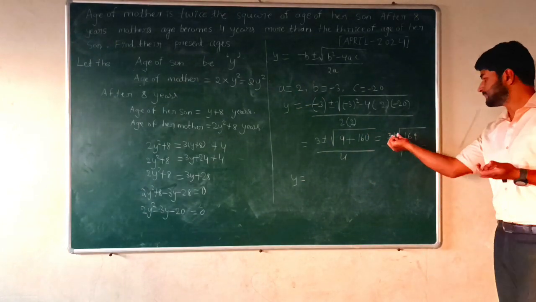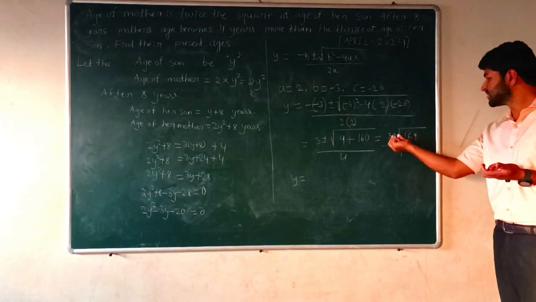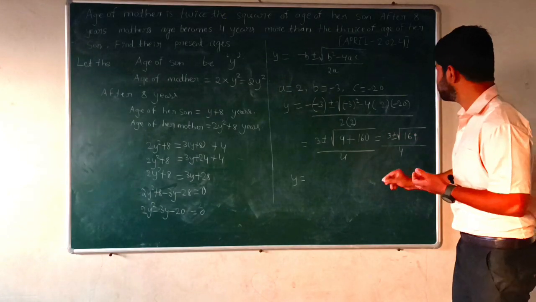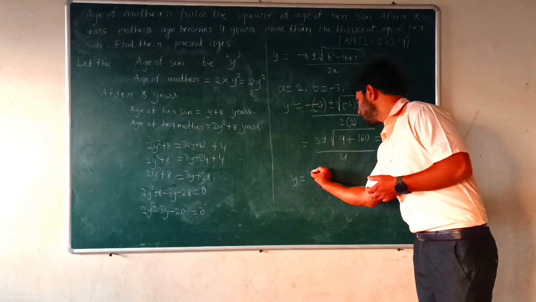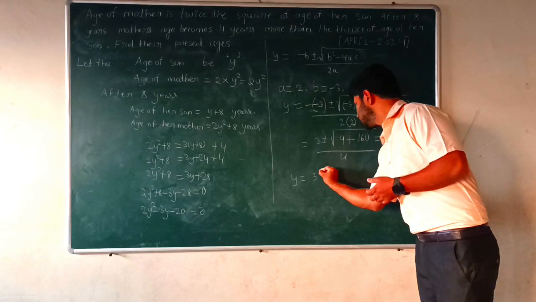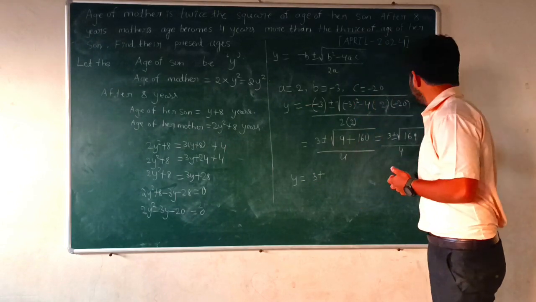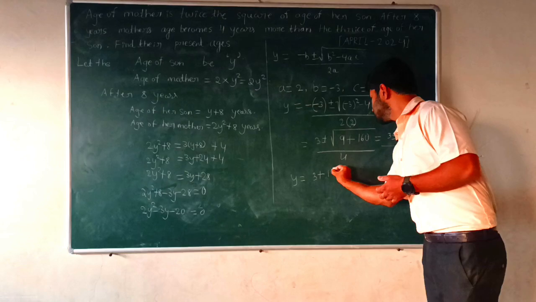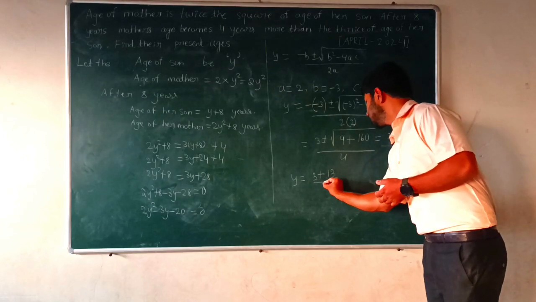One is plus, we have to take plus here, another one is minus. Let me just take the plus here, that is y is equal to 3 plus the square root of 169, which is 13, divided by 4.